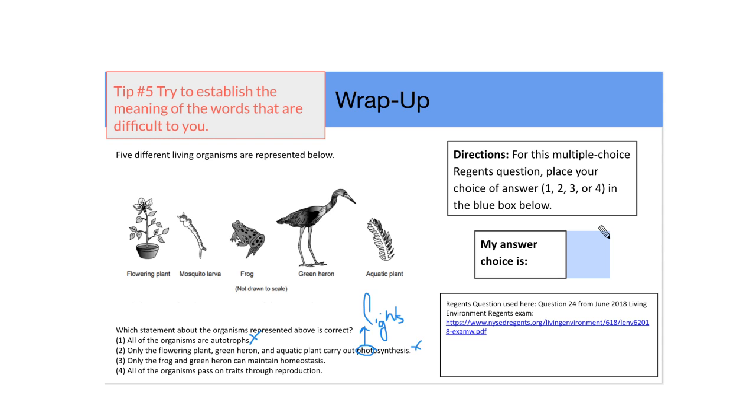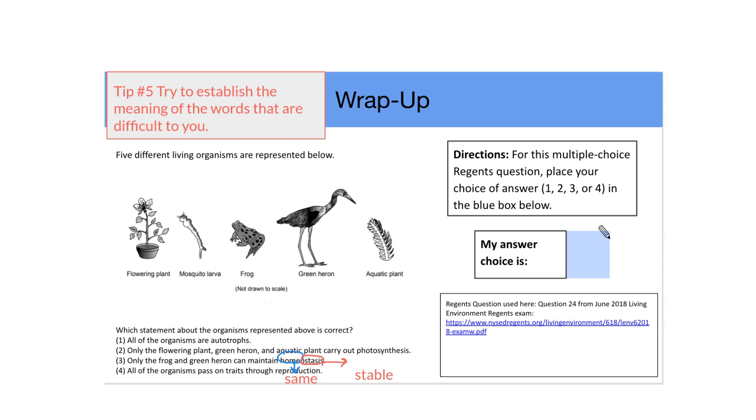Number 3, only the frog and green heron can maintain homeostasis. Home means similar, and stasis means stable. I am pretty sure this is not the right answer because all the animals are able to maintain homeostasis, which is fundamental for them to survive.